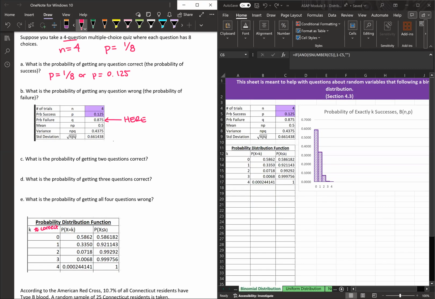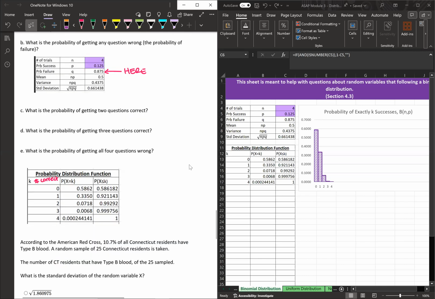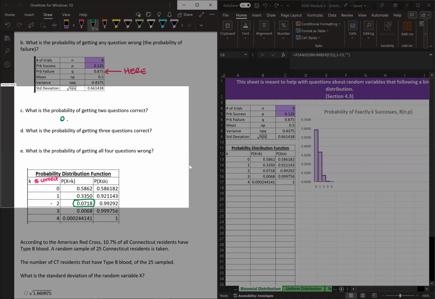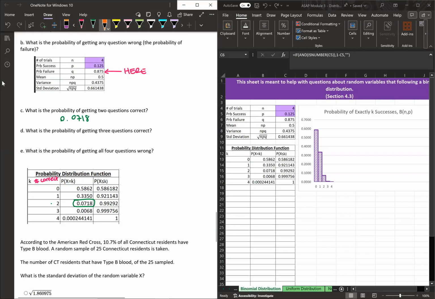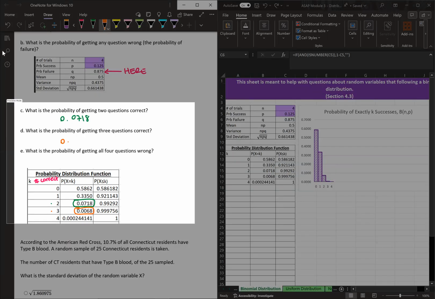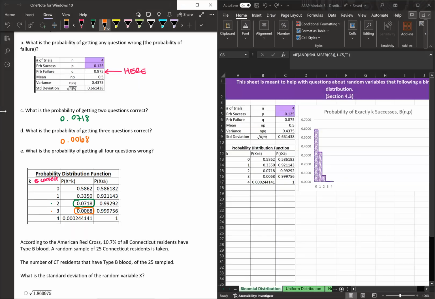What is the probability of getting 2 questions correct? So 2 questions correct is going to where it says 2 and just looking at that value. 2 questions correct was 0.0718. What's the probability of getting 3 questions correct? Now, this last question is interesting.